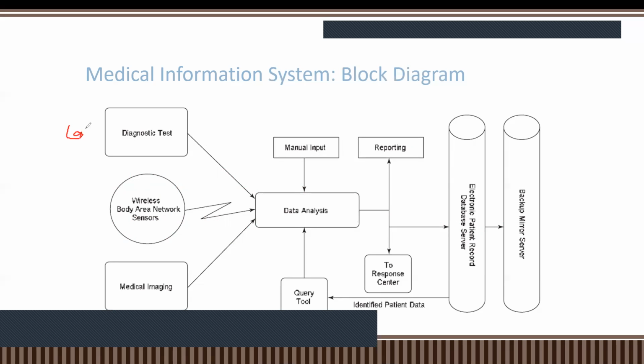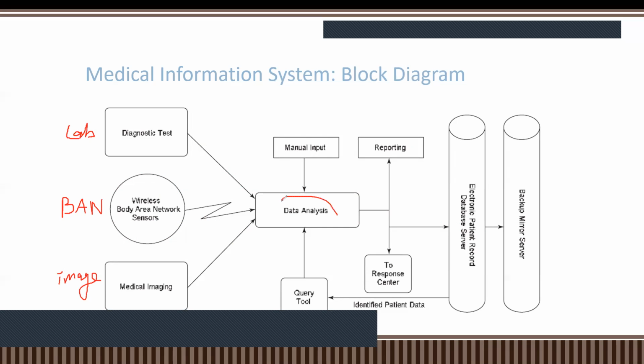I think we have gone through this slide already. The lab generates different kinds of reports. Similarly, radiology produces different kinds of images, including ultrasound, X-rays, CT scan, MRI, and similar others. And the body area network sensors generate different information about the patient under monitoring.